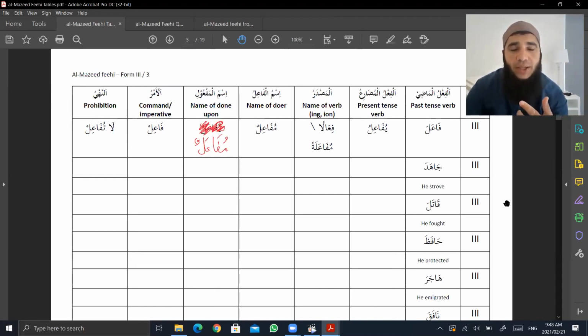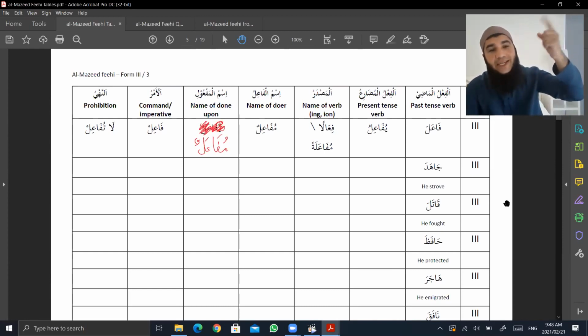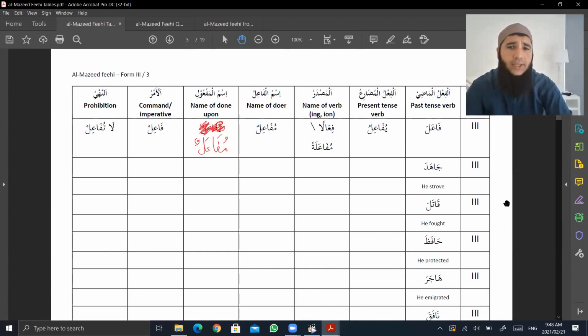The ismul maf'ul was mufa'alun, yet mufa'alun. The amr was fa'il, yet fa'il. The nahi was la tufa'il, yet la tufa'il. Very similar. You must just be able to identify that there is a shadda over there, here there's an extra alif.